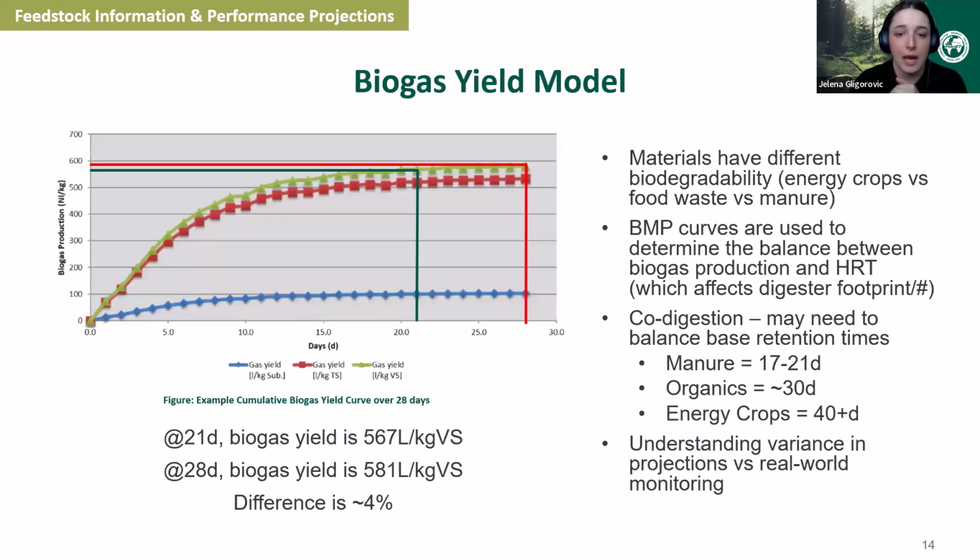So if you have a very small proportion of organics in a very large overall proportion of manure, it might not be worth it to increase the HRT all the way to 30 days to accommodate the base retention of the organics, when you may get enough biogas by accommodating the base retention time of the manure, or somewhere in between. So again, this is where process design can vary with different feedstocks.